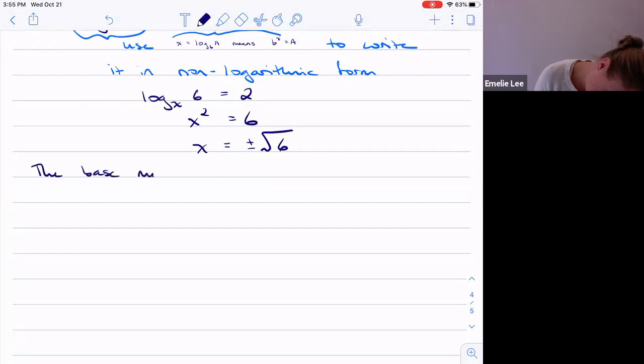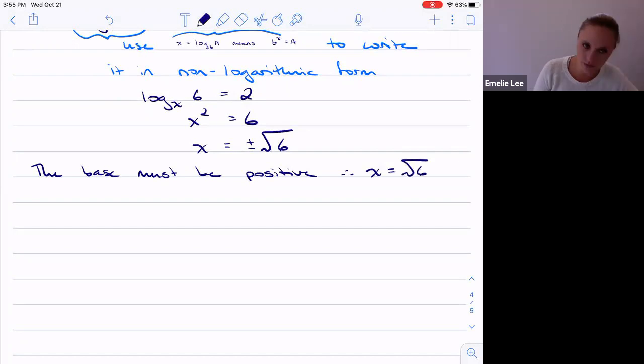The base must be positive. Therefore, x is the positive root 6.